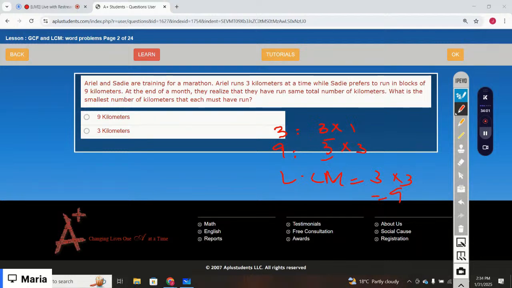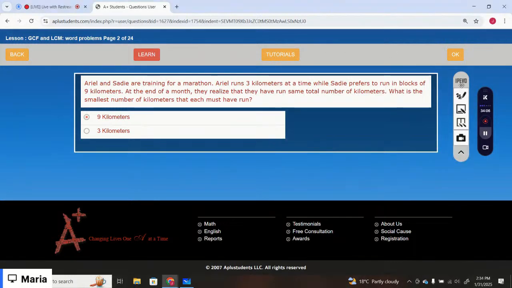The correct option is 9. Option number 1 is the correct option.